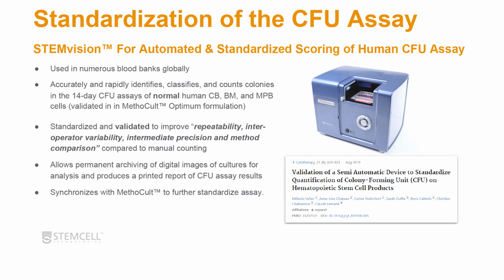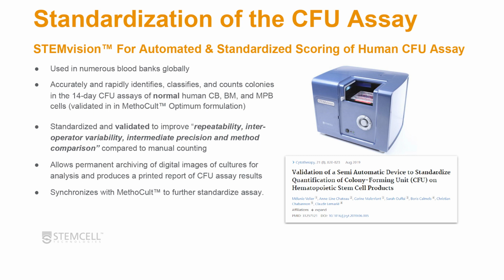More recently, a Cytotherapy paper was independently evaluated and published, with the title "Validation of a semi-automatic device to standardize quantification of CFU colonies." So it really allowed us to say that it was a more standardized assay.